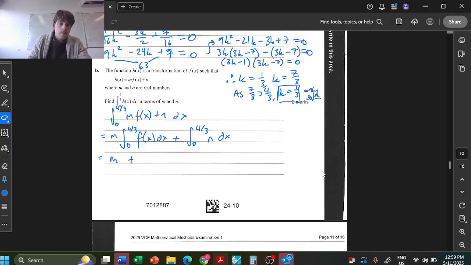So that is nx from 0 to 4 over 3. And if we sub those in, we're going to get m plus this with an input of 4 over 3, so 4 over 3n plus n times 0, so that's just 0. So this is our final answer, m plus 4 over 3n.